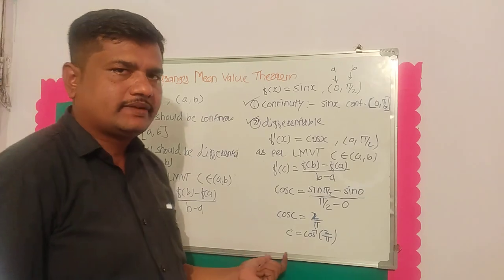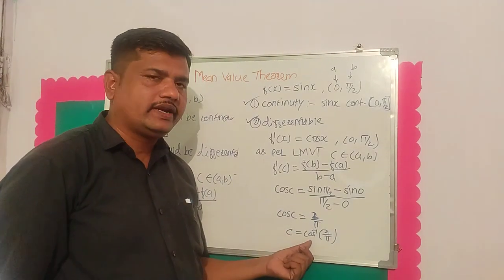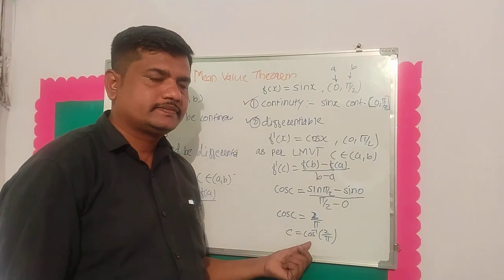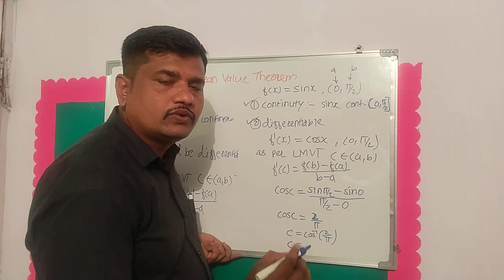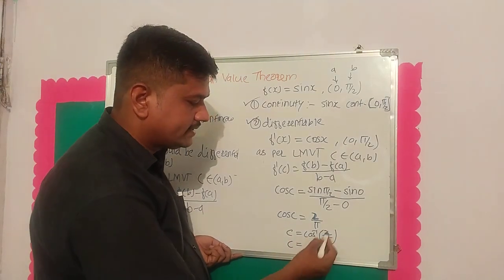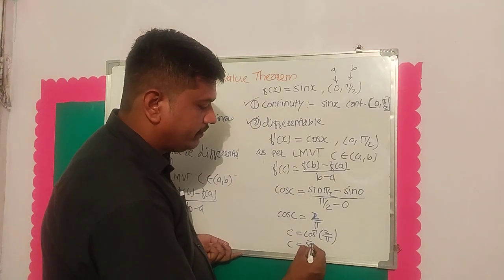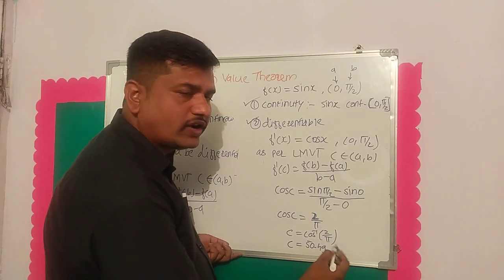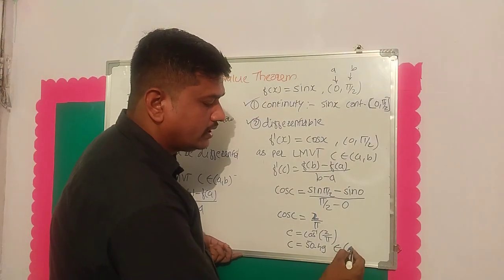So this is the answer for C, and when I find this answer in the calculator, the value of C will be 50.49 something degrees, which definitely comes between 0 and pi by 2.